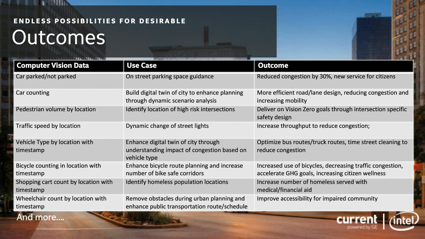And what we've seen through studies and some of the impacts from our ecosystem partners that have deployed this is a reduction of up to 30% in congestion just by notifying citizens where the open parking spaces are. Another example we gave you was car counting.